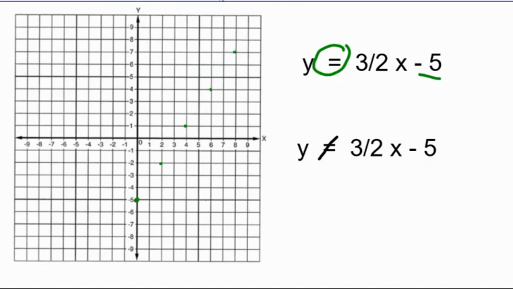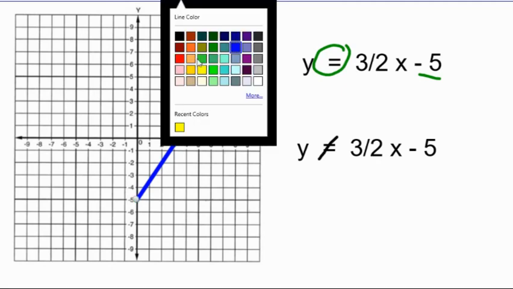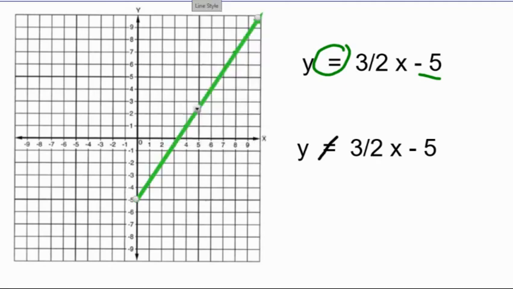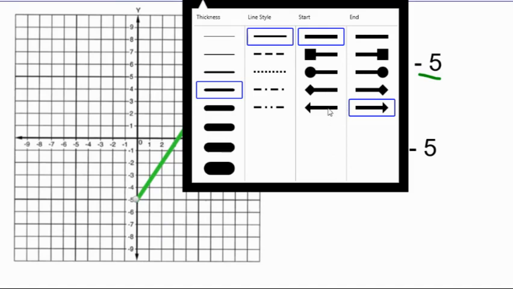Look at that, I got a nice straight line. Let's draw my line, and make it green so it's consistent with my writing, with arrows and a little bit smaller of a line.